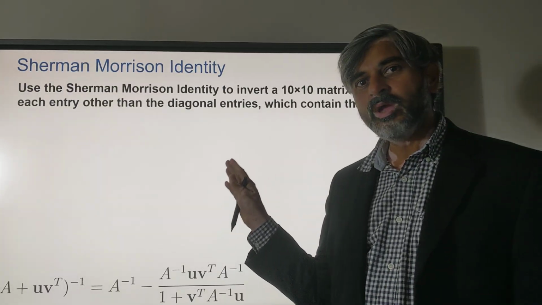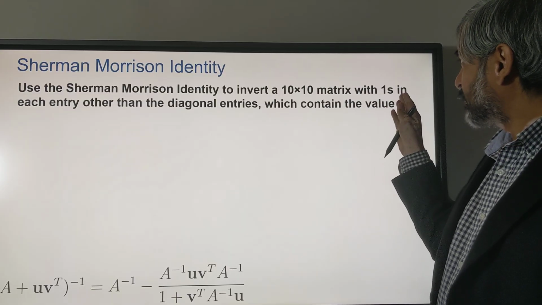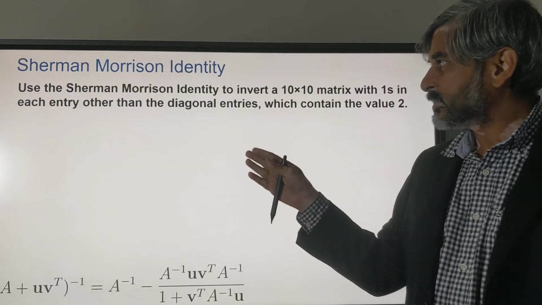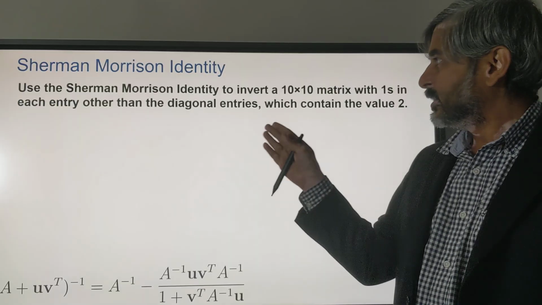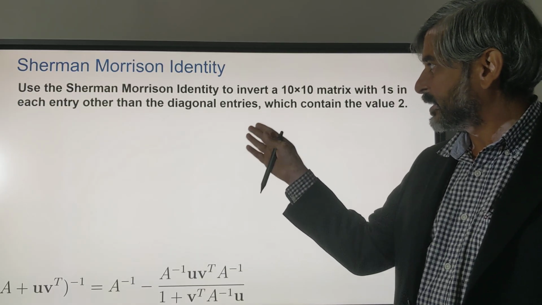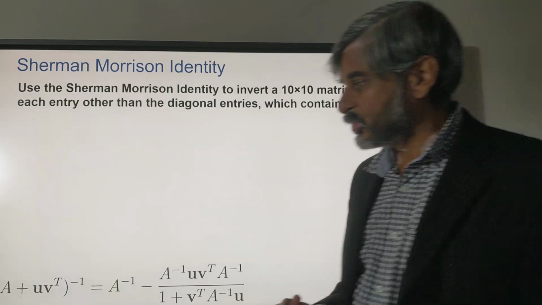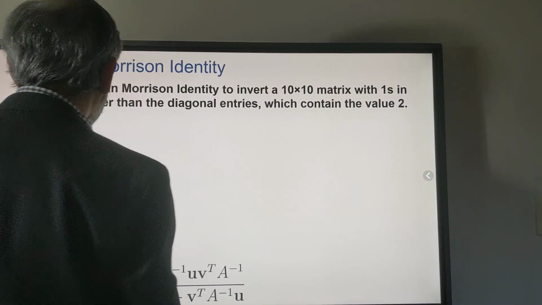We are given a huge matrix, a 10 by 10 matrix, which has 1 in every single one of its entries, other than the diagonal, which has 2. So how does this matrix look?